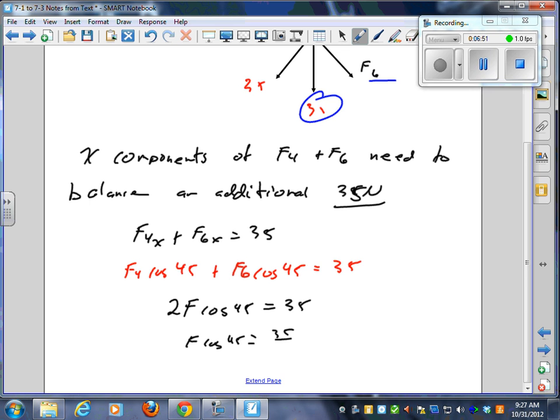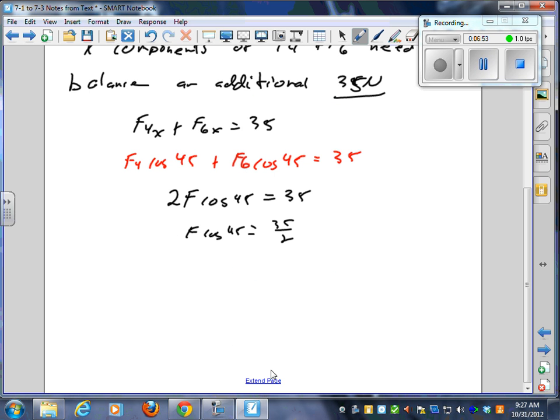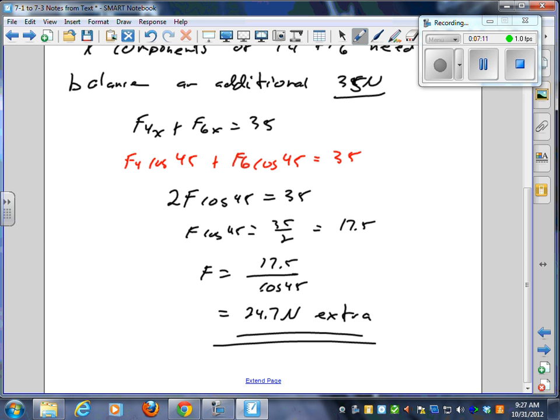Let's write 35 over 2, which of course is 17.5, and then F is going to be 17.5 divided by cos 45. Yeah, that's right. 24.7 newtons, and this is extra.